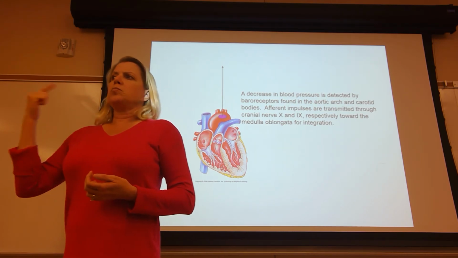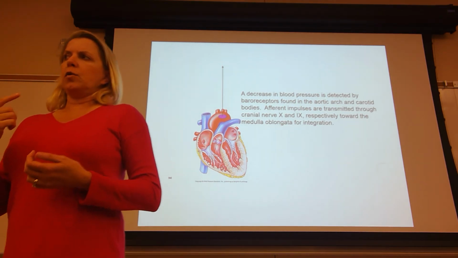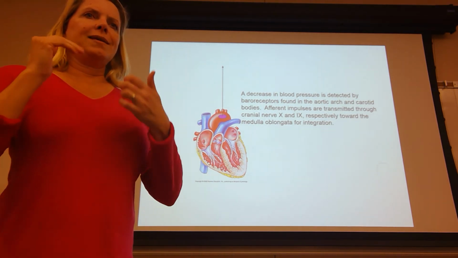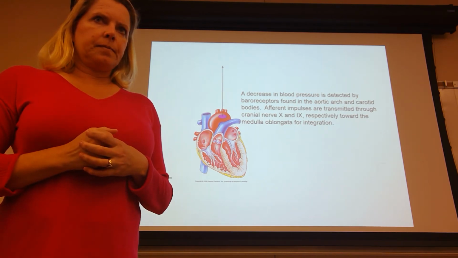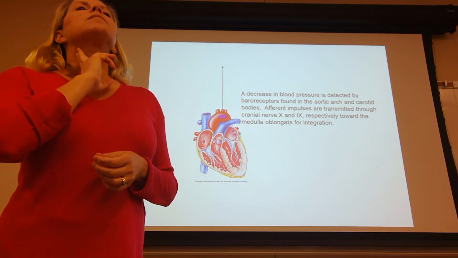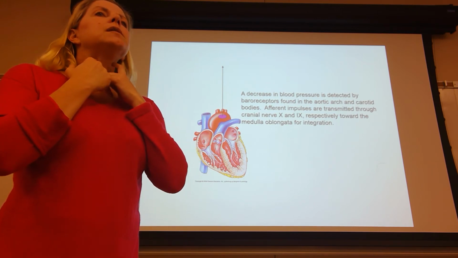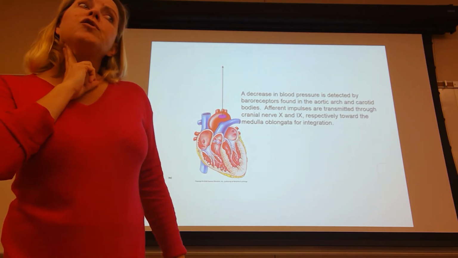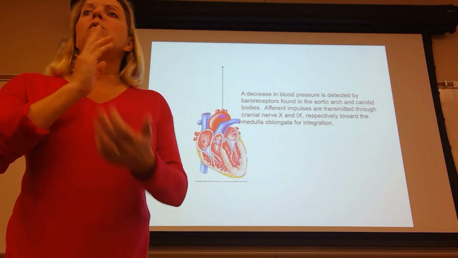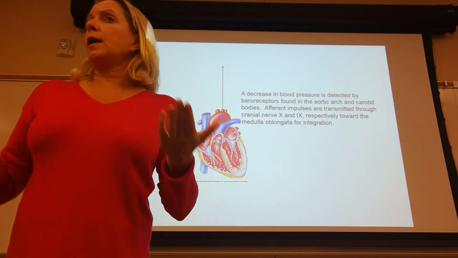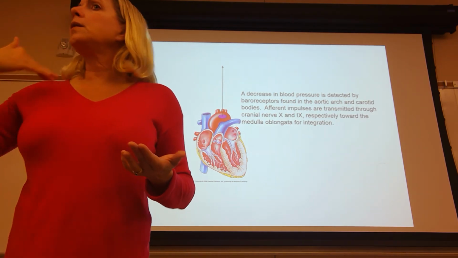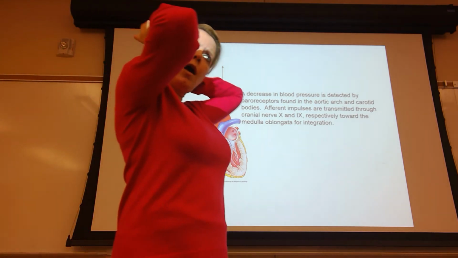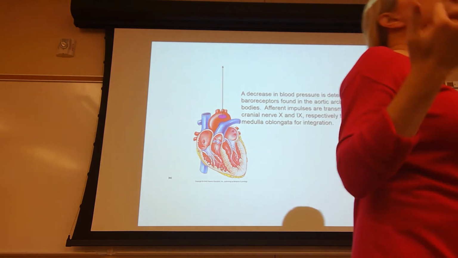The bullet can fire more than one time, but it cannot fire with more force. When you shoot a gun, it shoots the bullet with the same force. So these baroreceptors detect pressure. The more pressure they detect, the more action potentials they fire, just like a neuron should. More stimulus, more firing. They send the information up to your central nervous system where integration occurs.